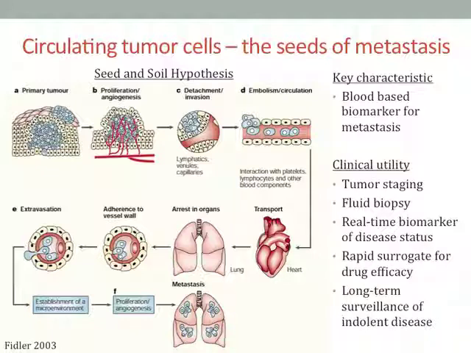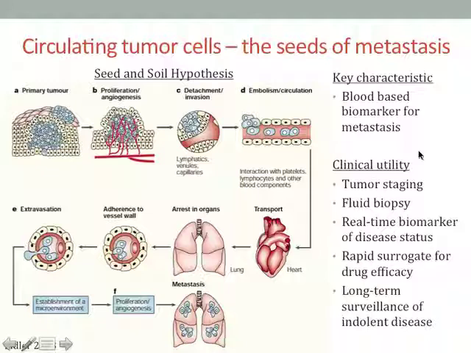Okay, and the current idea is that if you can have some way of capturing these cells that are in transit, if you can have some way of characterizing these cells, then you can create a blood-based biomarker for metastasis. And the implications of that would be enormous in terms of therapy. The list would go on and on, but basically you can think about different ways to do tumor staging.